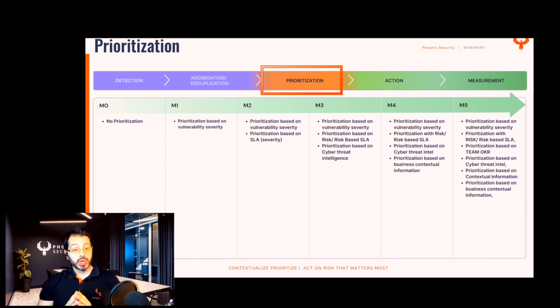Where before we were considering in a flat way vulnerabilities coming from scanning systems, in the same way and at the same level, right now we are using different objectives.